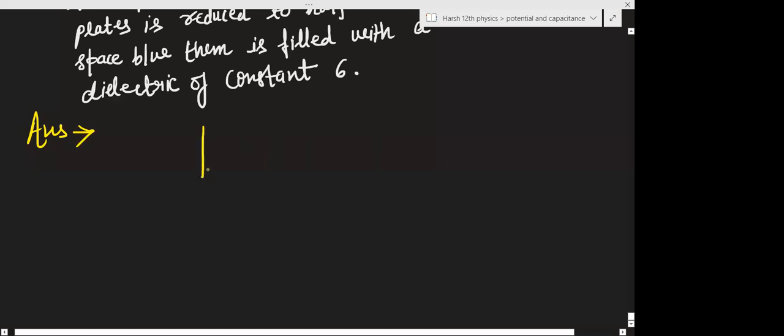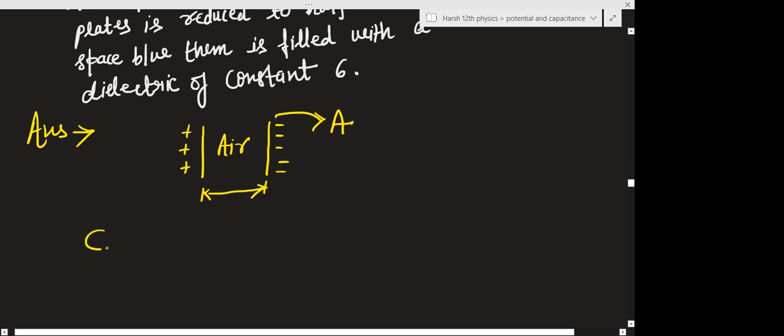This is a parallel plate capacitor. We know one plate is positive, another plate is negative. They have equal charge. Initially the air is filled in between the plates and the distance is d, and A is the area of each plate.